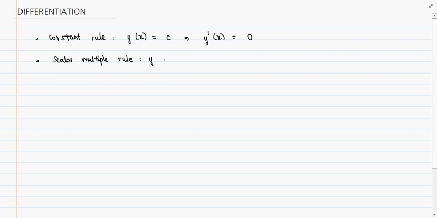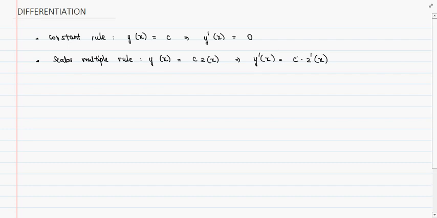If you have a function y equal to a constant c multiplied by a function z of x, and you want to differentiate y with respect to x, then the constant is going to remain the same, so c just stays as c, and you just have to differentiate the function z with respect to x.